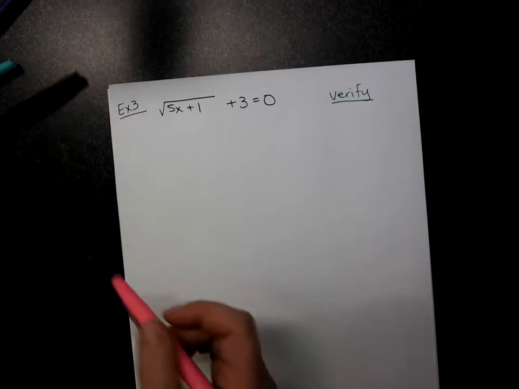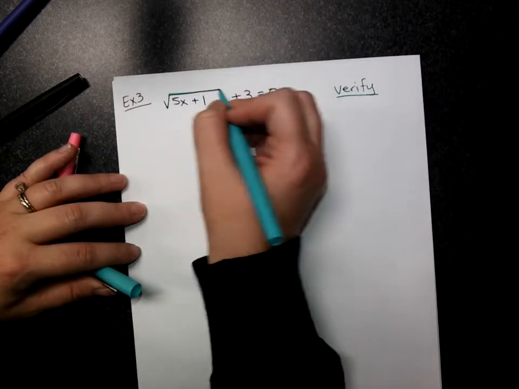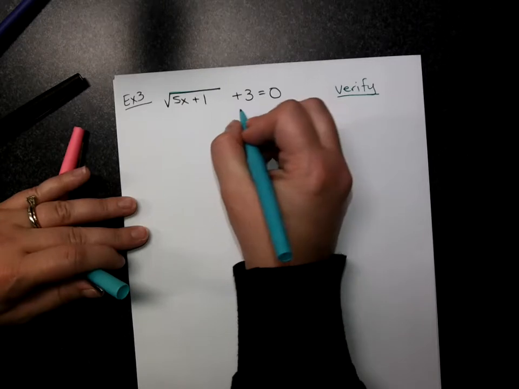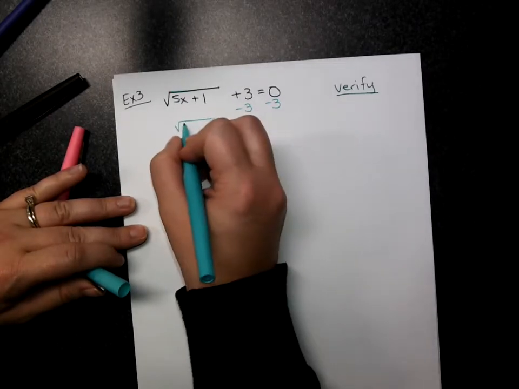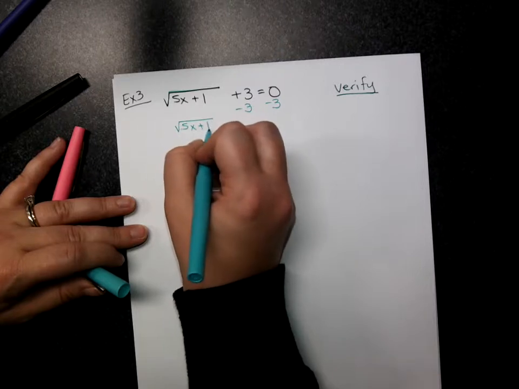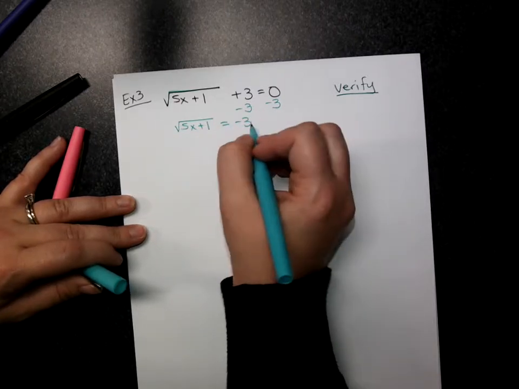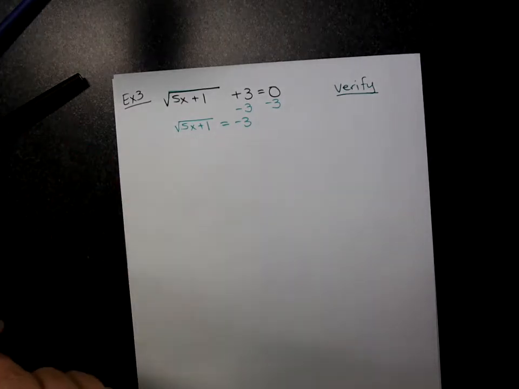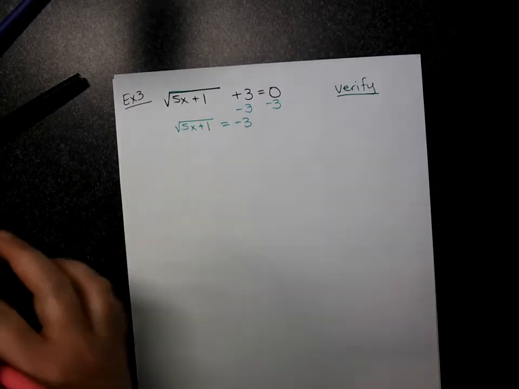Alright, so this time you see the radical, then the radical stops and you have a plus 3 kind of hanging off to the side. So we're going to move that 3 to the other side. That gives us the square root of 5x plus 1, that's the radical, equals 0 minus 3 is negative 3. So that's what I mean when I say isolate the radical. You want to make sure that everything under the radical is all by itself.